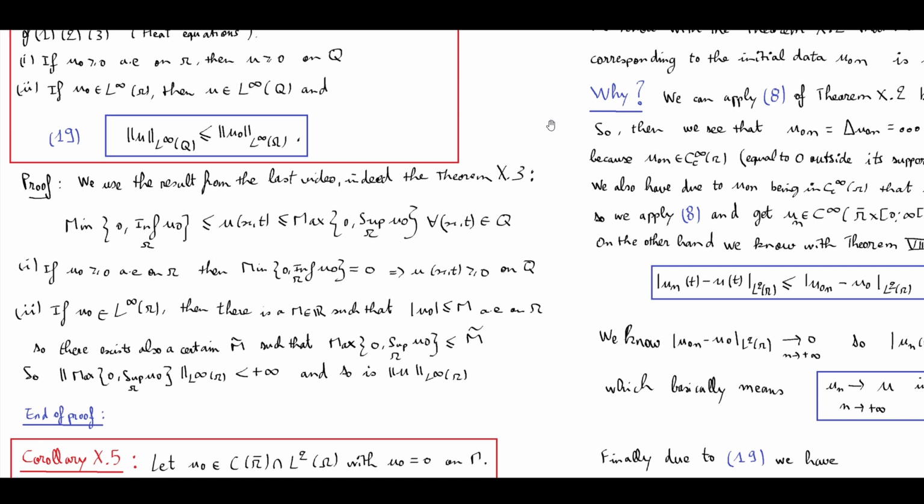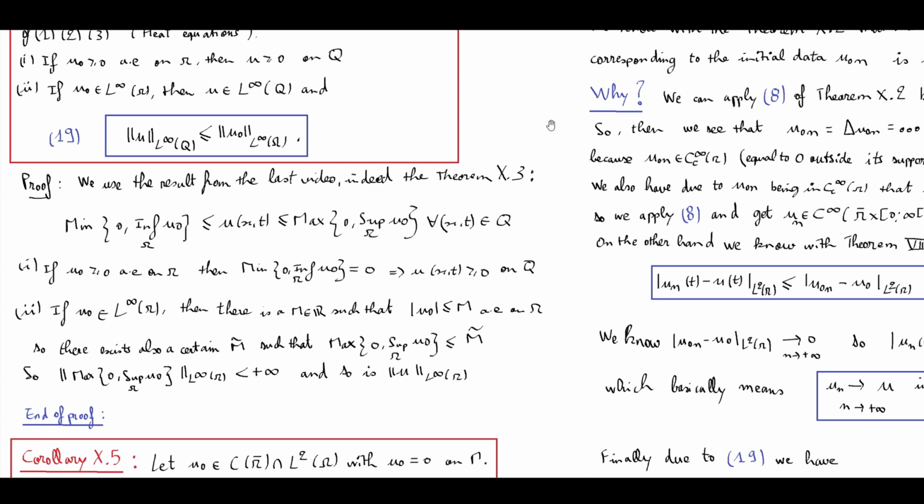For the second point, if U0 is in L infinity of omega, then there is a particular M in R such that the absolute value of U0 is smaller or equal to M almost everywhere on omega. So there exists also a certain M tilde such that the maximum between 0 and the supremum of U0 on omega is smaller or equal to M tilde.